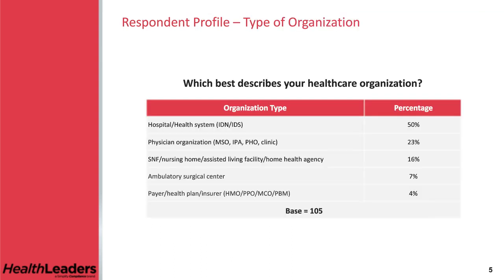So it's a fairly senior group of people. As for types of organizations, hospitals and health systems form 50%, so it's a significant chunk. Physician orgs are 23% of the base, and we have a series of smaller entities filling out the rest of the 105 respondents.